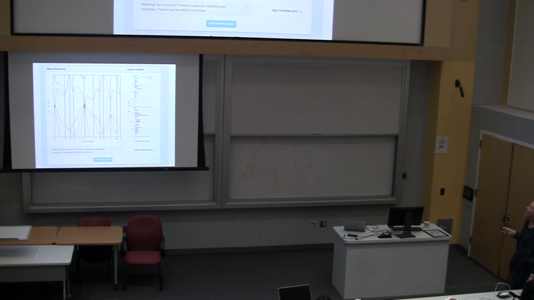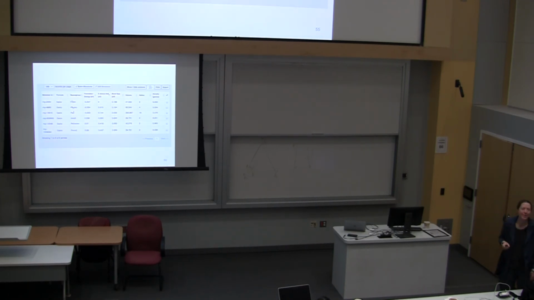So let's look at gallium arsenide. Gallium arsenide should be a slam dunk, right? That's the simplest thing that you could possibly imagine. I mean, Marvin Cohen in 1966 did a great job on gallium arsenide. So let's look at gallium arsenide. Here are the Materials Project entries for gallium arsenide.